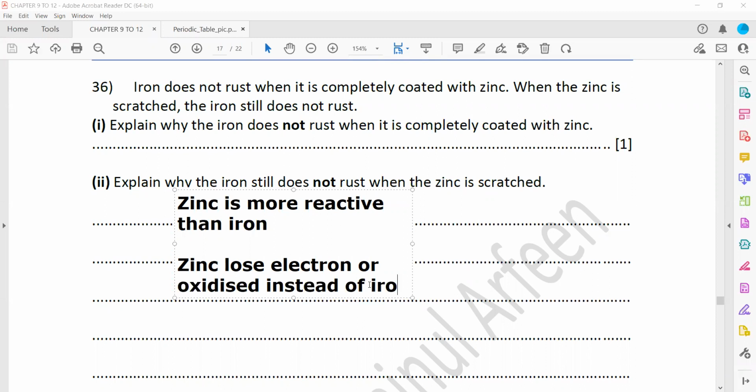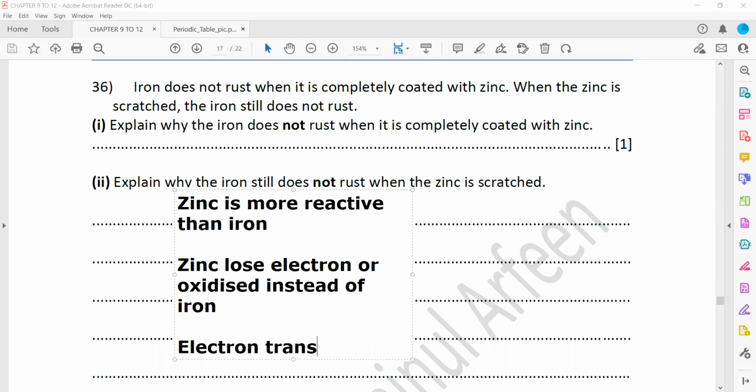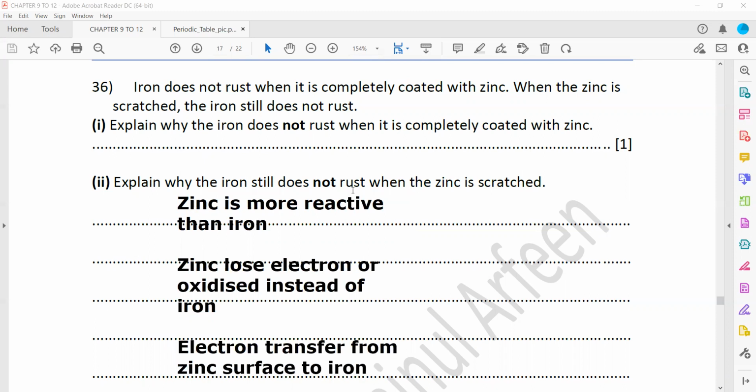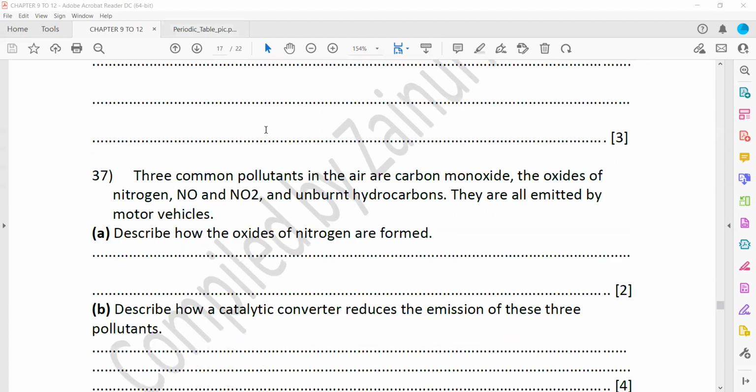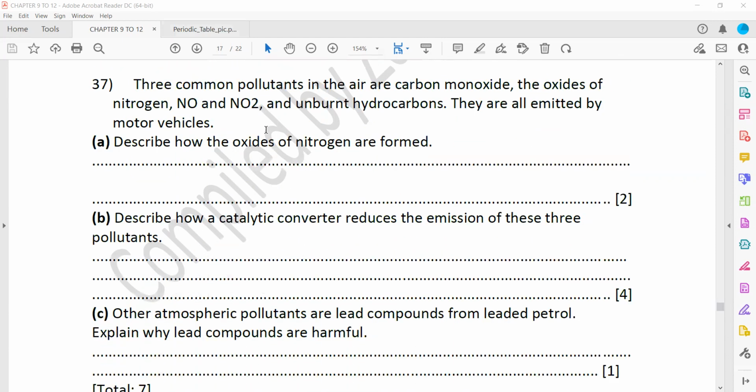And as a result, the electrons transfer from the zinc surface to iron. These are the points you should mention whenever you are explaining why there is no reaction or why iron does not rust.